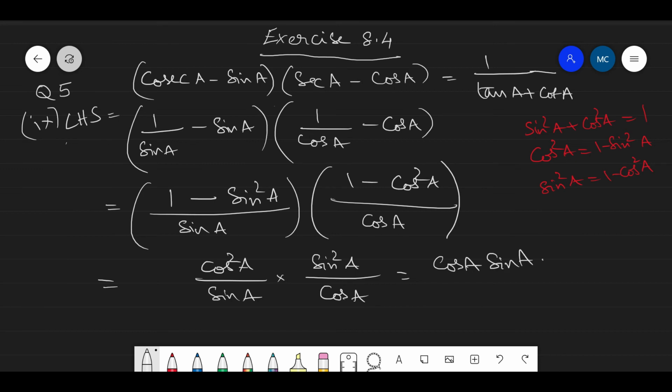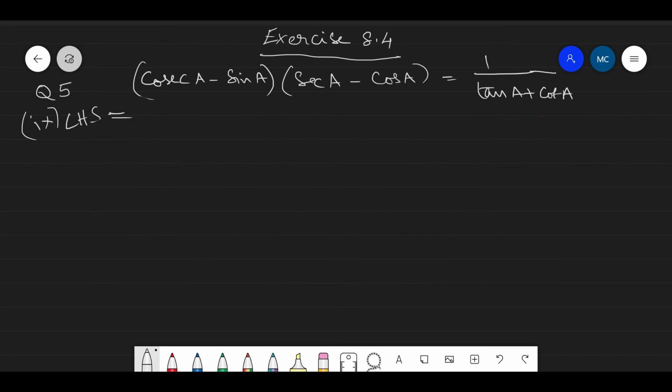So we completed the LHS part of this. Now we have to clear and go for the RHS. So LHS we got cos A into sin A or sin A into cos A, both are same. Now we'll take this RHS and simplify. So what is RHS? 1 by tan A plus cot A.